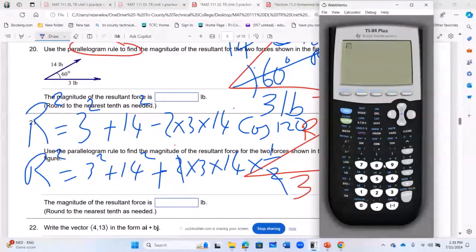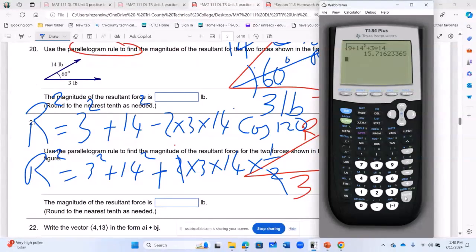I can just put 9 there, plus 14 squared plus 3 times 14. Okay, and that's it. I have to check and make sure that I got it right. 9 plus 14 squared plus 3 times 14. We have taken care of the 2. And when I hit enter, we found the resultant force.